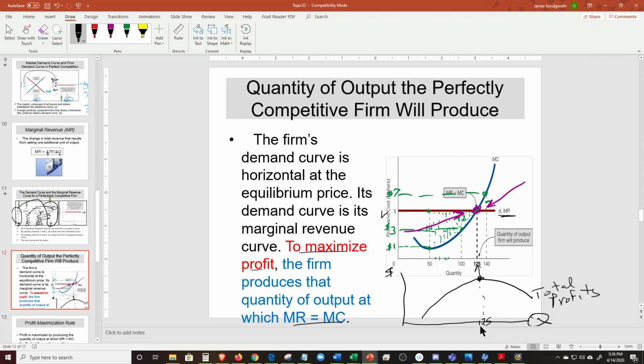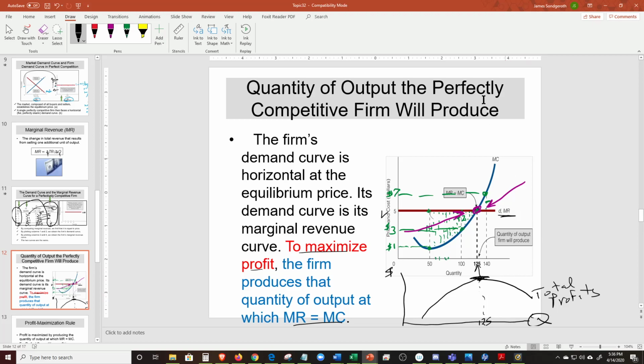And right at this point, at the very peak of the profits curve, marginal revenue equals marginal cost, okay? And marginal profit is zero. Basically, another way to put it is that the firm maximizes profits where marginal profit is zero, okay?